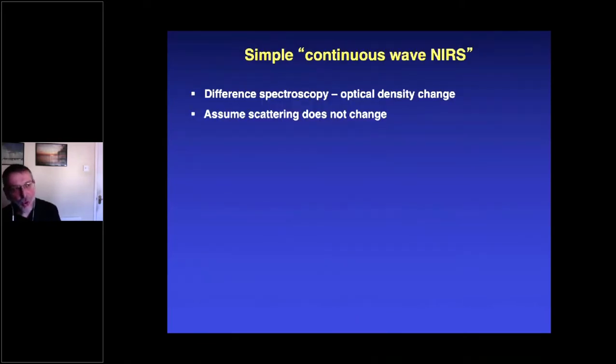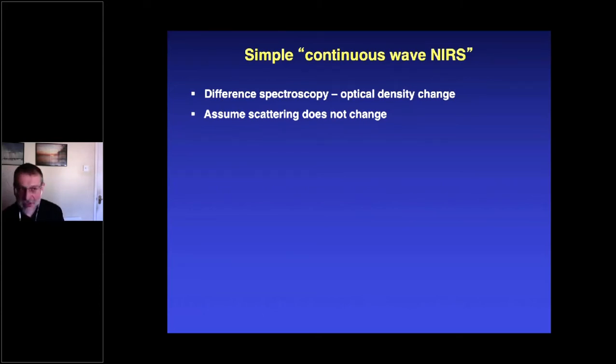But the basic core measurement that every near-infrared spectroscopy device can measure, even though they don't always give you the output, is to use a different spectroscopy. So you just assume that there's no scattering change in your measurement. So you always have to blank your measurement at the start and say, what's the change? What is the color change in the measurement?